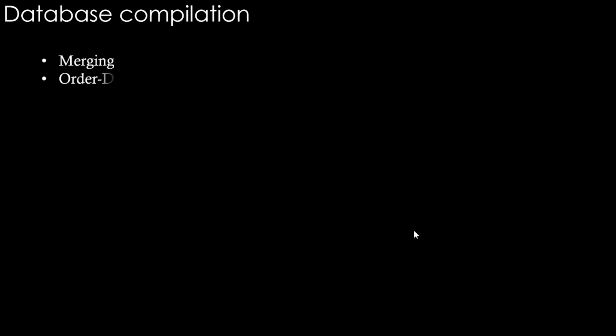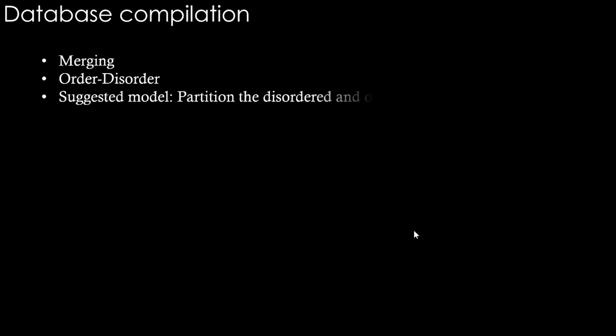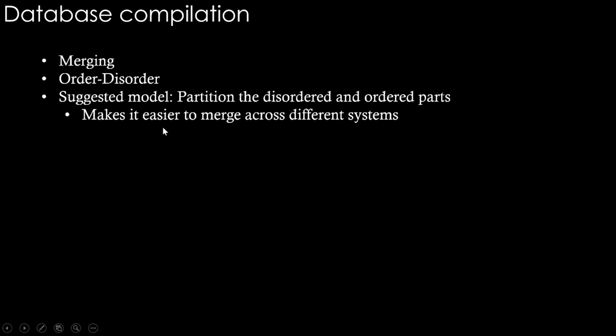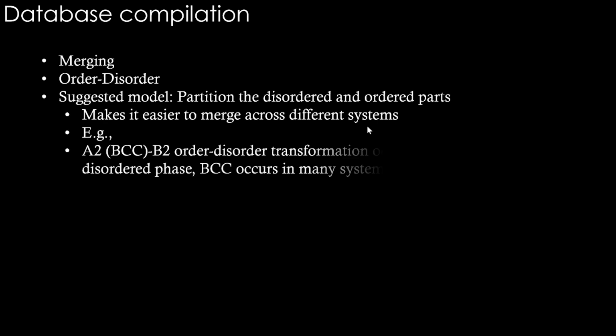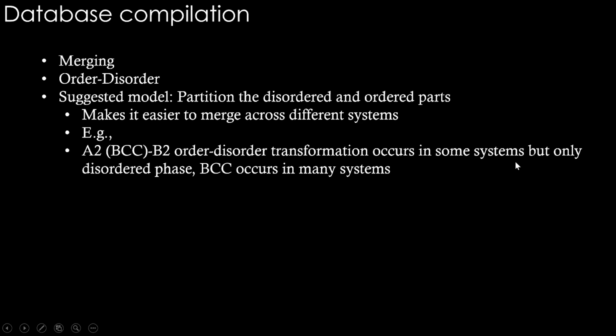One more thing about this merging is order-disorder systems, where the suggested model is to partition the disordered and ordered parts. That makes it easier to merge across different systems where only the disordered part may be available. You see A2, which is BCC in Strukturbericht notation, and B2 is an ordered structure that looks like BCC. The A2 to B2 order-disorder transformation occurs in some systems, but only the disordered BCC phase occurs in many systems.